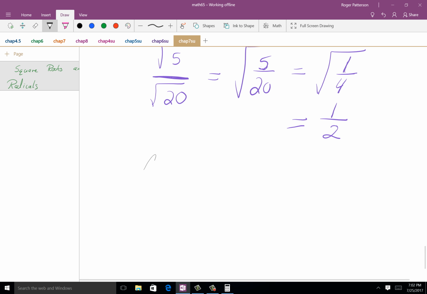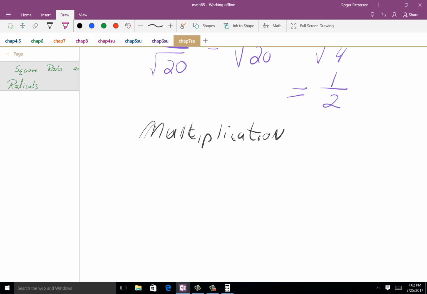Okay, so let's try doing some multiplication. It's pretty straightforward to multiply.